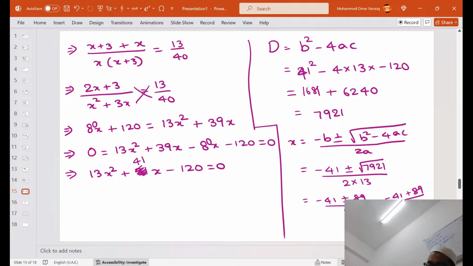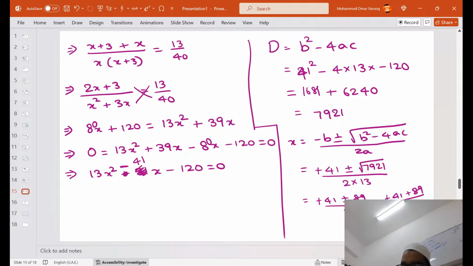What is the answer? It is minus 41, minus 41, so it is plus 41.